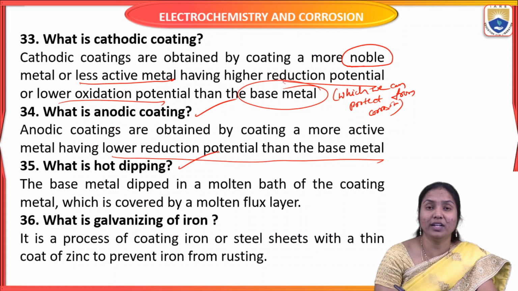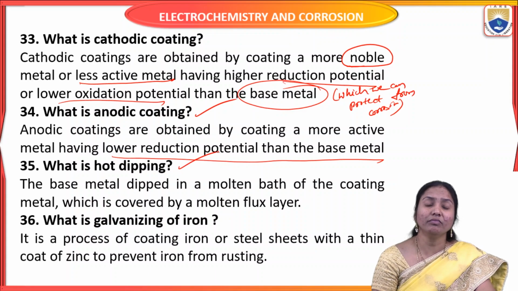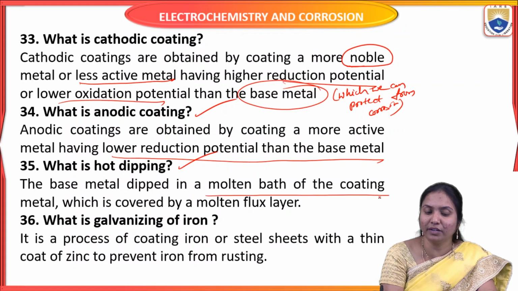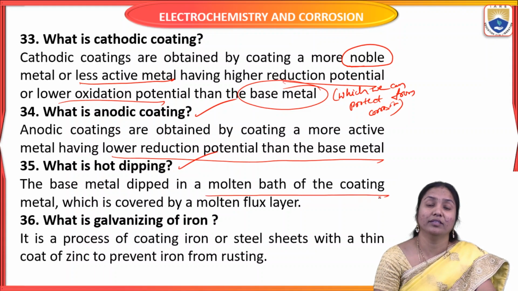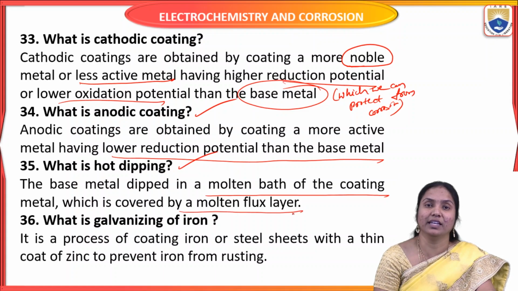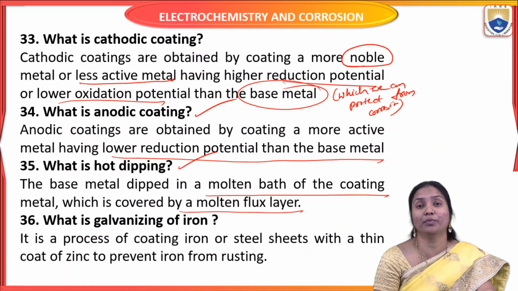And next one is, what is hot dipping? The base metal is dipped in a molten bath of the coating metal, which is covered by a molten flux layer. This method is also used to protect the base metal from corrosion.